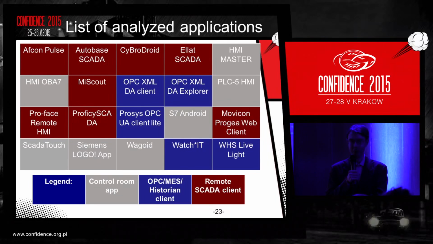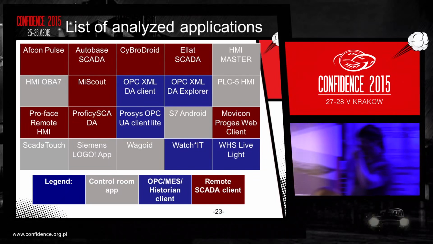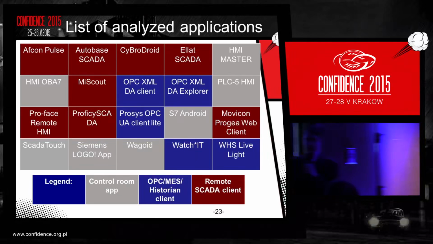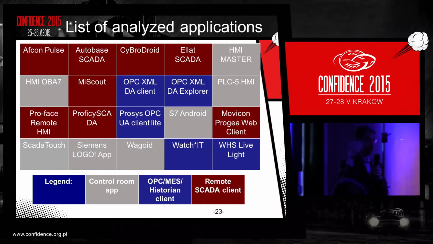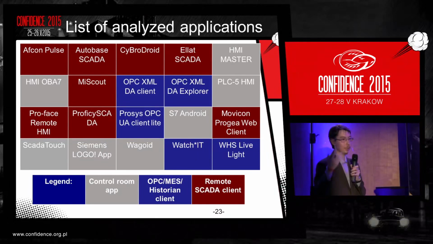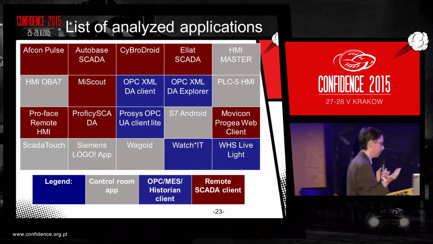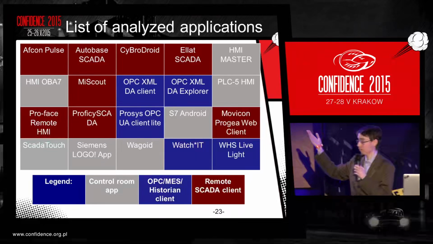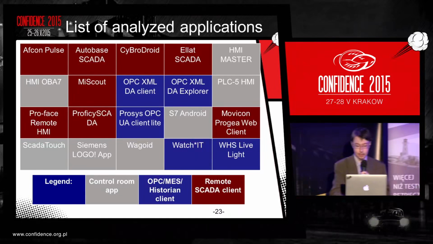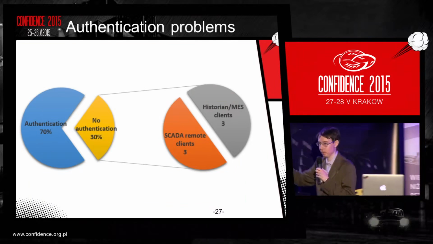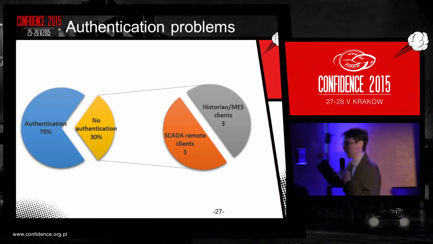Many, I think most of them. I couldn't say how many. On the next slide, yes, because of course we don't test authentication for control room applications because it's a safe environment. It's useless to test the authentication in control room, but for non-control room applications, 6 applications failed to authenticate at all.